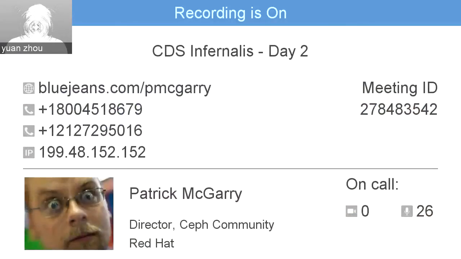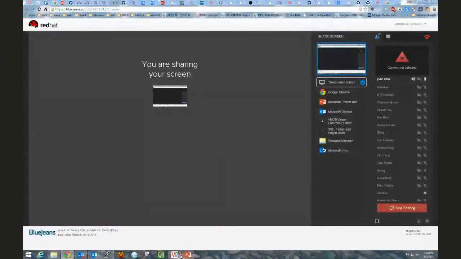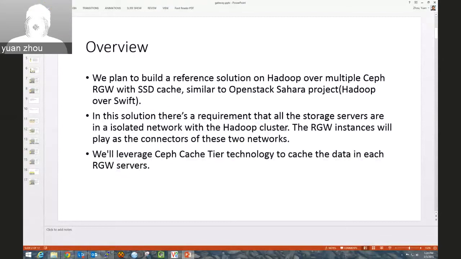Sure. Thanks, Patrick. So the background is we tend to build some reference solution for Hadoop over Ceph.